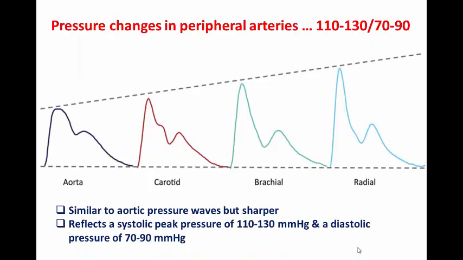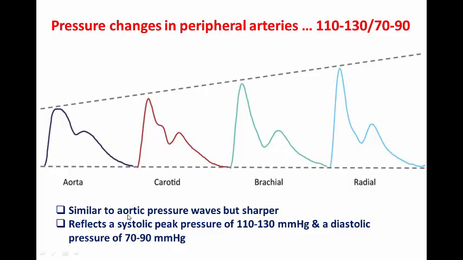Here we have a diagram which shows pressure changes in the peripheral arteries. So here we have the carotid artery. This is the pressure changes in the carotid artery during the cardiac cycle. Here we have the pressure changes in the brachial artery. This is the radial artery.